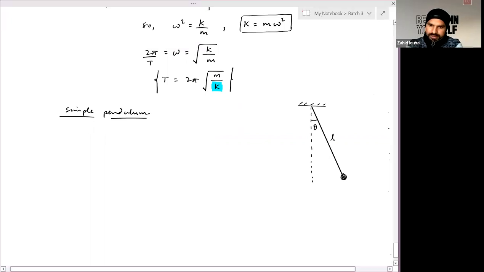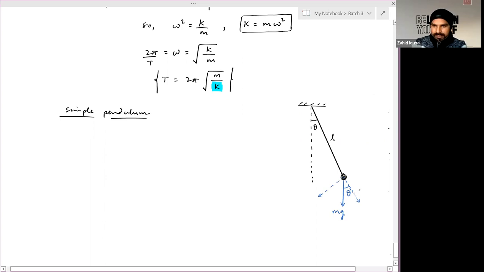So at this point, it will experience mg along this way. If you extend this particular line, this will be theta, and perpendicular to it. So there will be two components of this force related to theta.